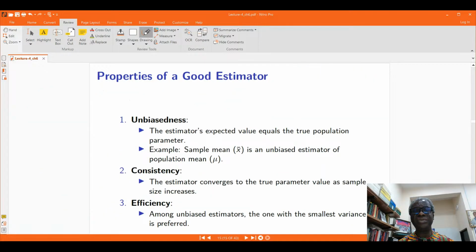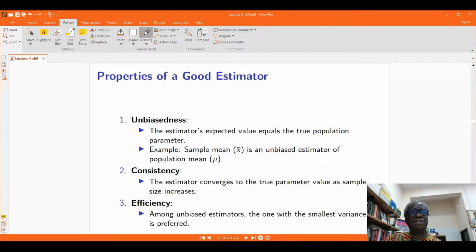So that takes us to, when do we say an estimator is a good estimator? Because there are so many ways to find the value of the unknown population quantity.